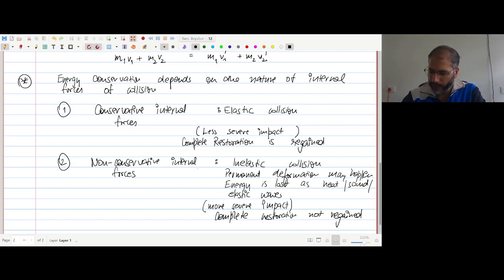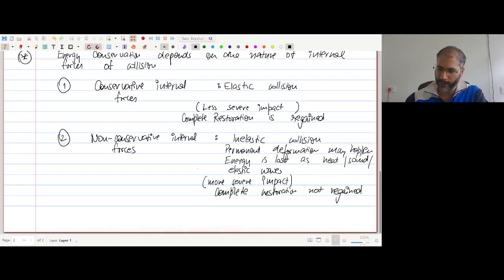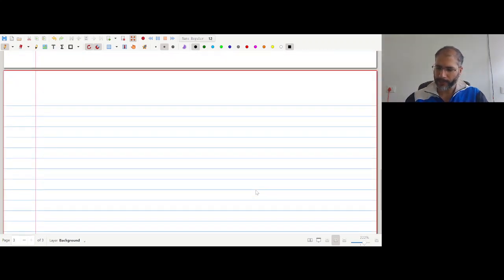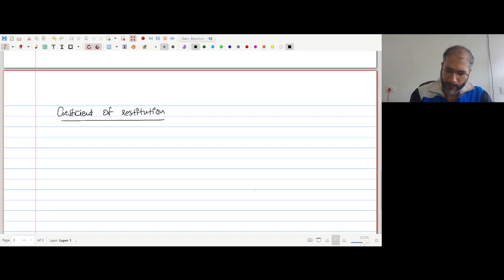Now when I say restoration is not regained completely, how do we quantify that amount of restoration? For that we have a quantity called the coefficient of restitution, with the symbol e. It's defined as the capacity of the contacting bodies to recover from impact.